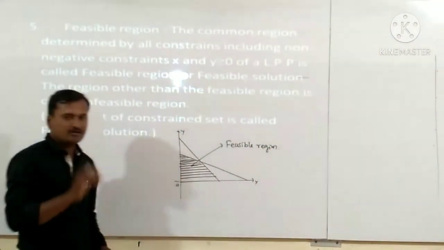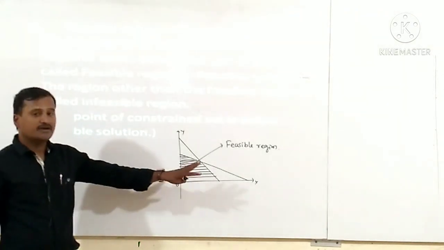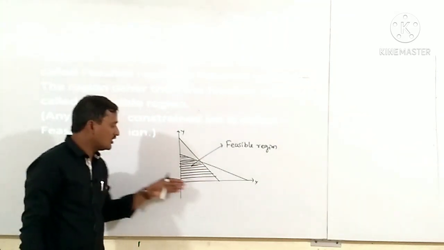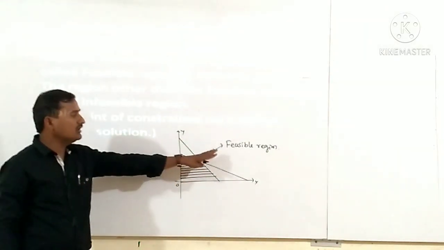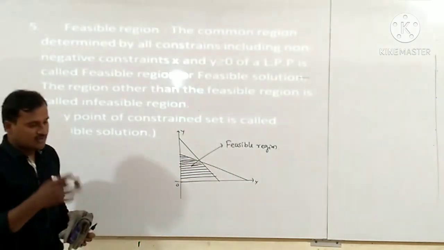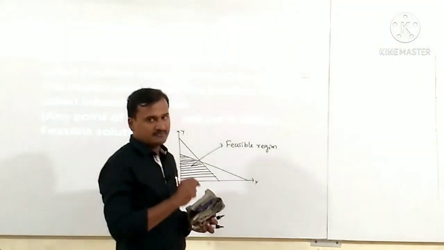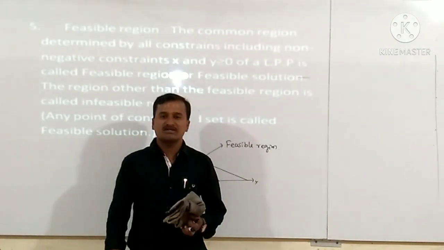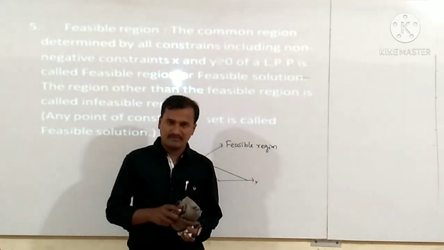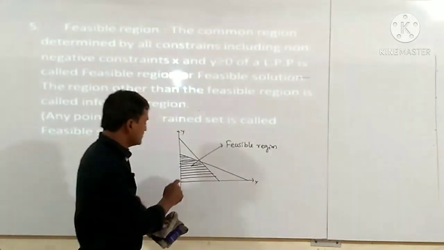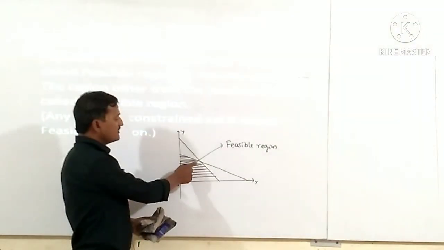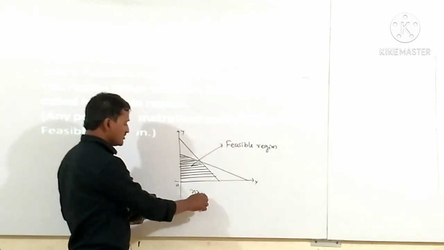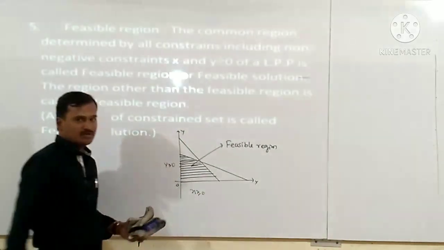Feasible region is a common region determined by all the constraints including non-negative constraints. After solving the graph, if you get the common region, that common region itself is called the feasible region.